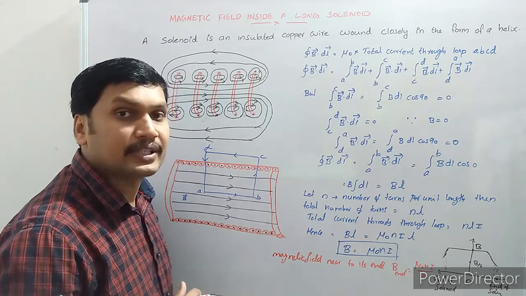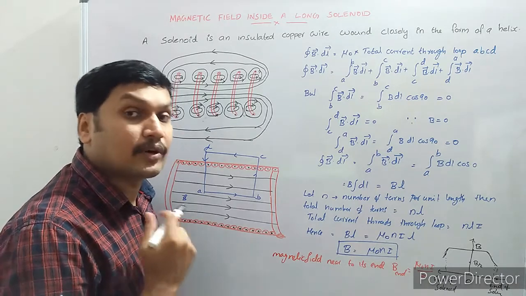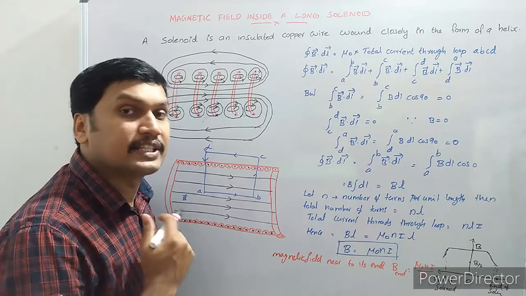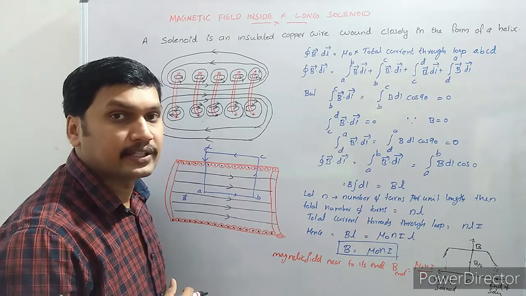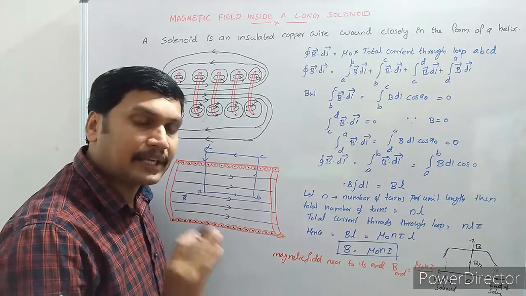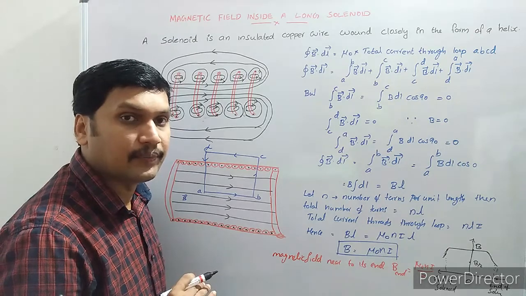A solenoid also produces a magnetic field. Let us see what is the nature of the magnetic field produced by the solenoid, and then what is the intensity of the magnetic field produced by a solenoid. We can derive an equation for the magnetic field produced by a solenoid by using Ampere's Circuital Law.